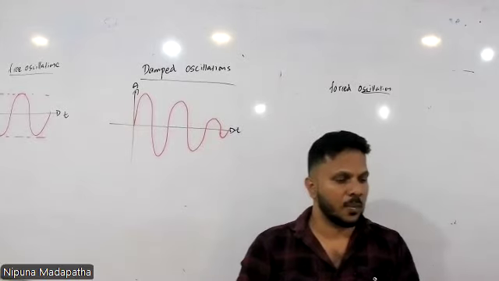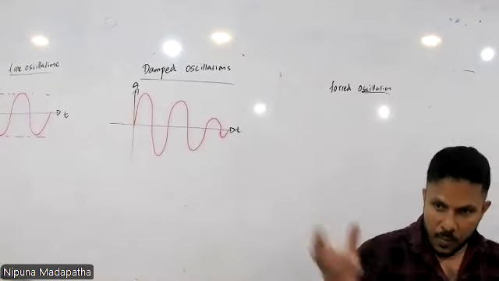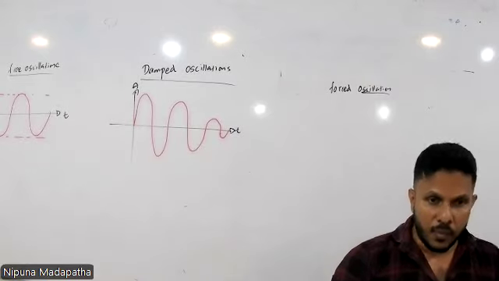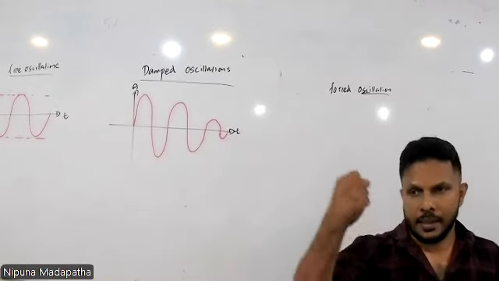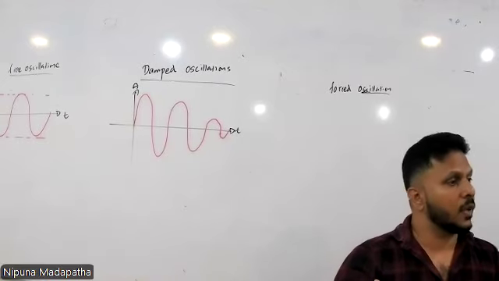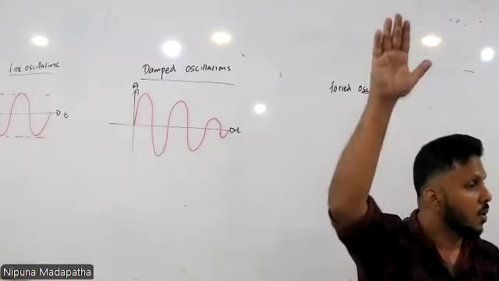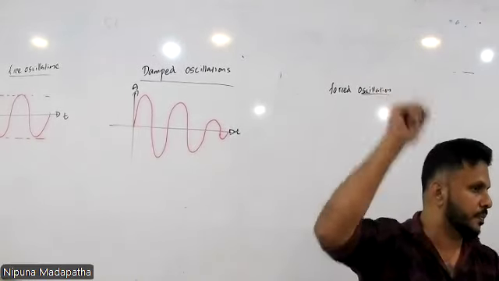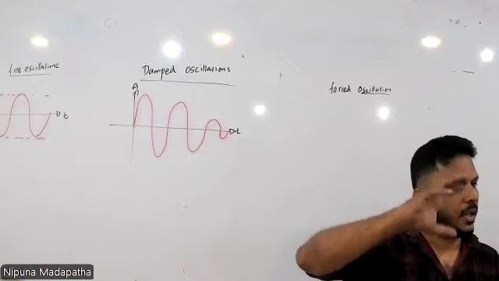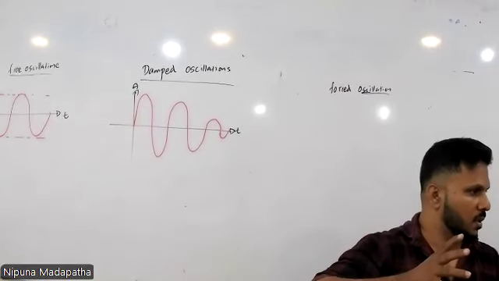What is resonance here? When a force makes a body vibrate, and the frequency of the force equals the natural frequency of the system, the body oscillates with large amplitude. Mind that every object, every body has a frequency.